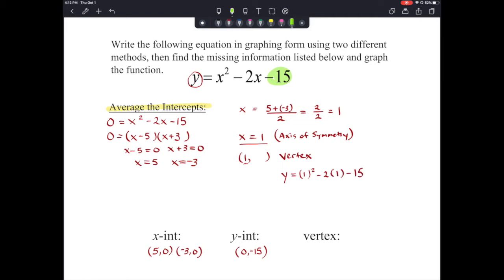So all we did is we took our x-coordinate and substituted it in for x, and now we'll just solve it to figure out what y will be. This would be 1 minus 2 minus 15, which gives us negative 16. So when positive 1 is plugged in, negative 16 comes out. That is our vertex, (1, negative 16).